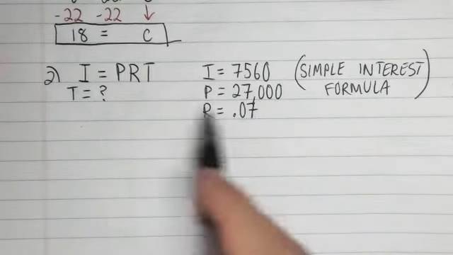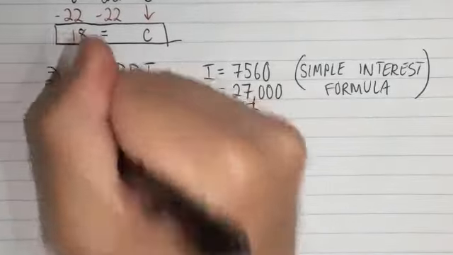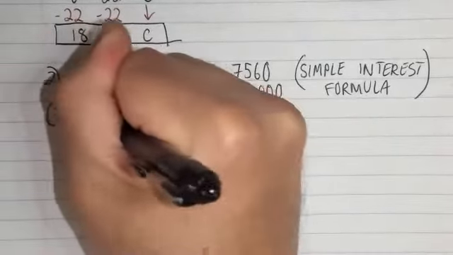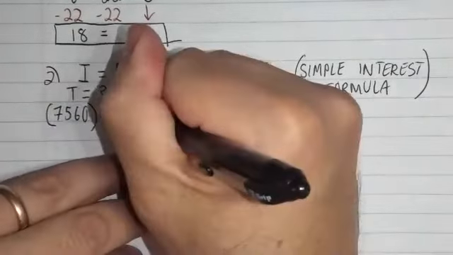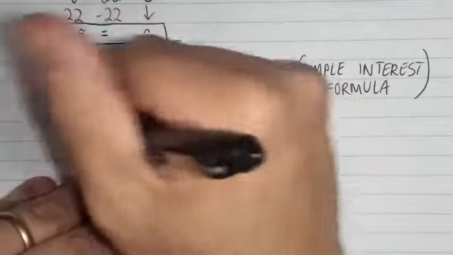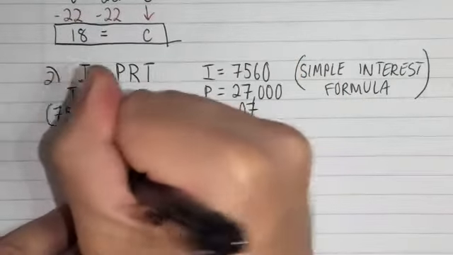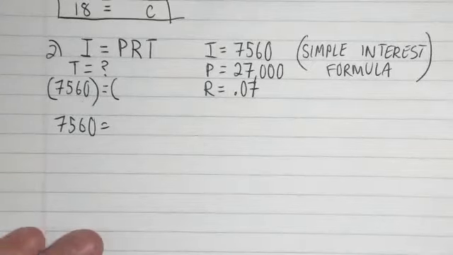So I'm substituting. I'm going to rewrite the formula and put in the values that they gave me. Between the P and the R and the T, we're multiplying, so I'm going to use parentheses. I'm going to probably run out of room, so I'm going to move this down a little bit. I do have some bigger numbers.